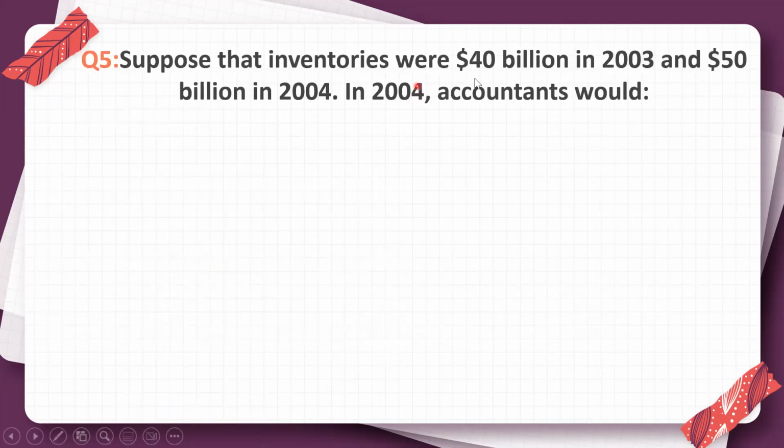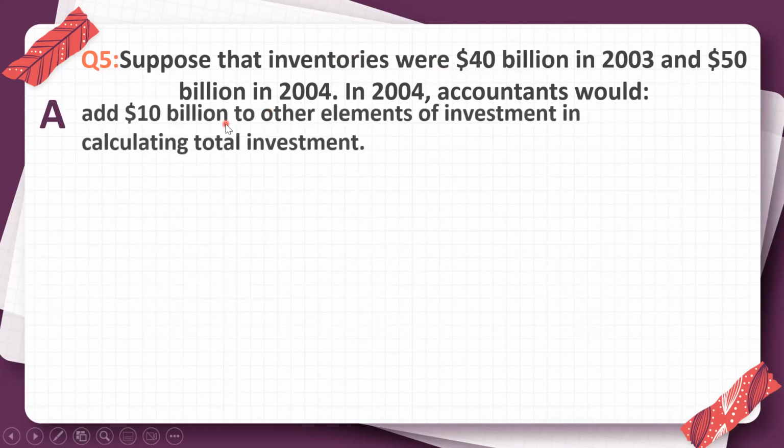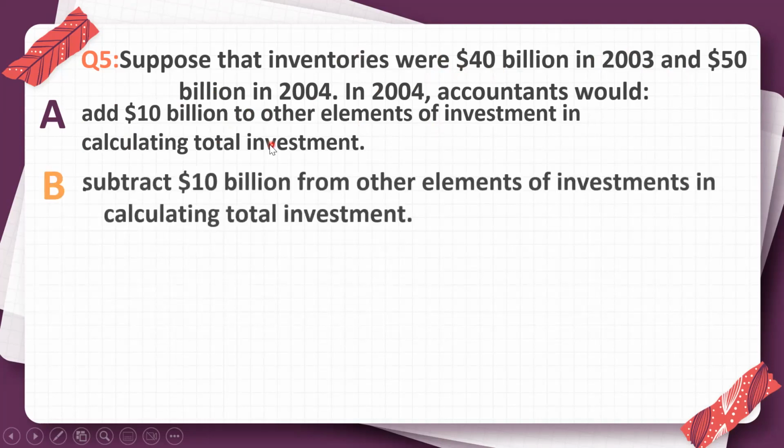Suppose that inventories were 40 billion in 2003 and 50 billion in 2004. As we see here, the inventories have increased from 40 billion to 50 billion. Accountants would: A, add 10 billion to other elements of investment in calculating total investment, or B, subtract 10 billion from other elements of investment in calculating total investment.